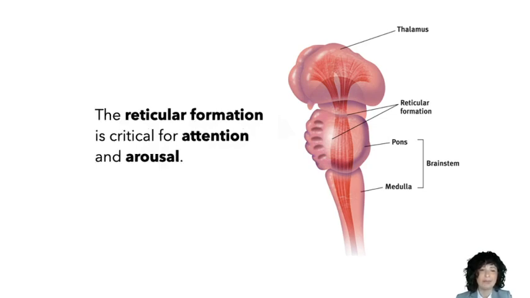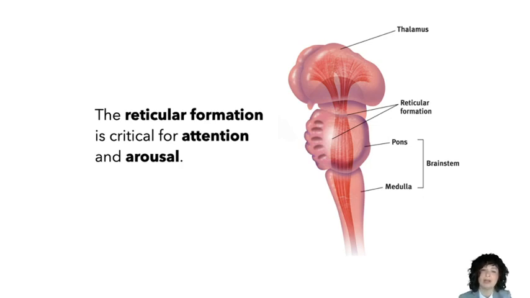Now, part of the brainstem is the reticular formation. And so neurons that make up the reticular activating system, or the reticular formation, are really important for attention and arousal. In particular, they help to modulate sleep wake cycles. And damage to the reticular formation can really easily be fatal.